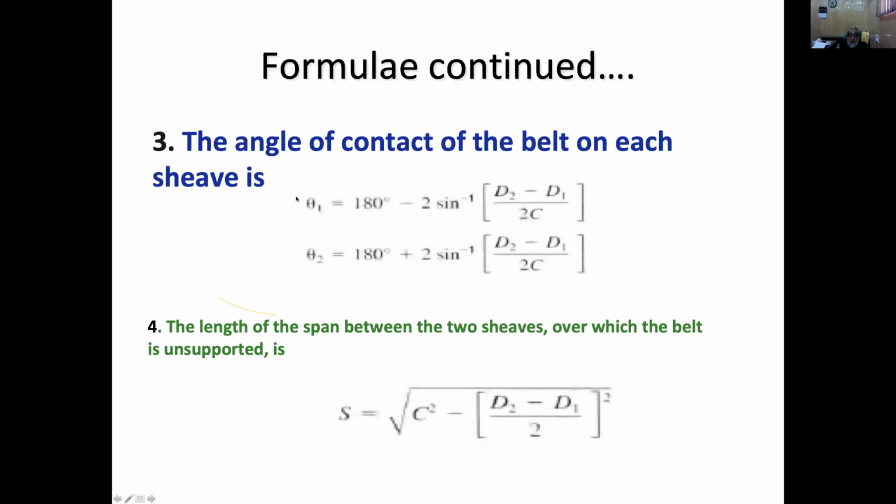Theta 1 is for the smaller sheave, that is the driver sheave, and theta 2 is the driven sheave. So theta 1 is always less than 180 degrees, while theta 2 is always greater than 180 degrees. The length of the span, which is the unsupported part of the belt, S, is equal to the square root of C squared minus the square of (D2 minus D1) divided by 2. These are the equations which you have to use.